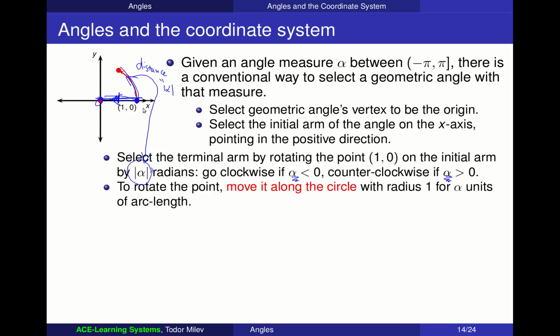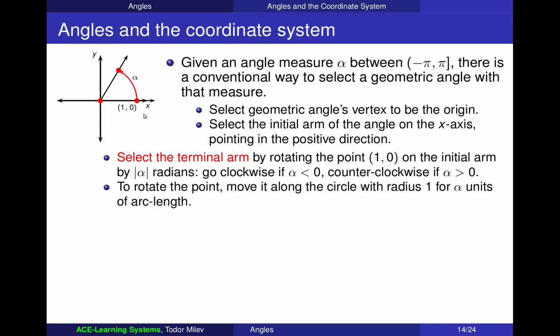While rotating, you could measure distance, say by dropping a rope or some other means, and so you could physically implement what we're showing here. You could physically move a given distance, and the amount of distance we travel is alpha units.